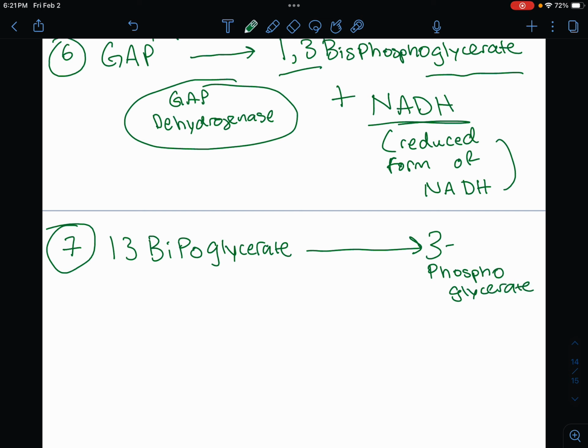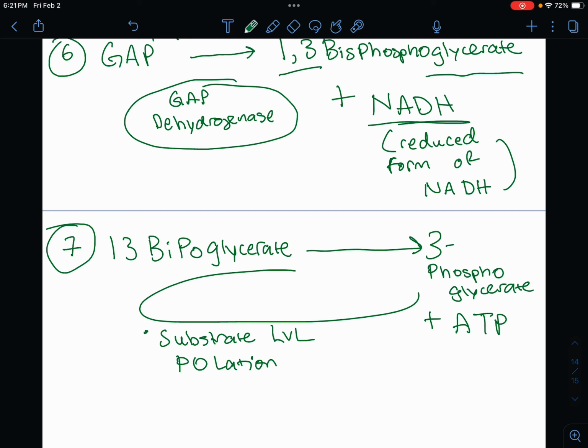So at step 7, we're going to be doing something called substrate level phosphorylation. Whenever we do substrate level phosphorylation, especially in this reaction, step 7 of glycolysis, we're actually going to be able to make some ATP. So we have our first instance of making ATP here.